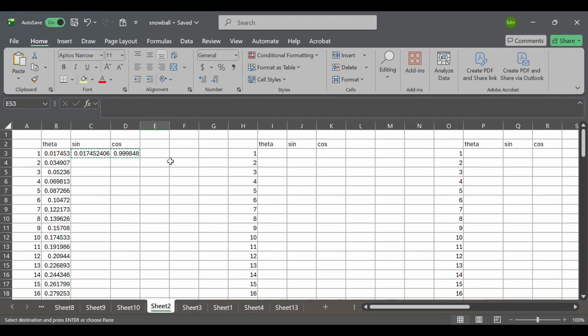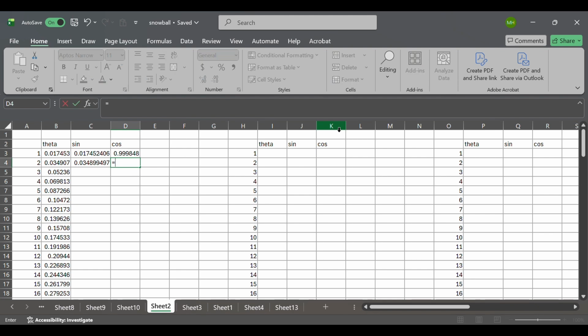So how do we calculate the numbers in between? Well, the simplest way is to just add theta to the number above. So this is the sine alpha cosine beta plus sine beta cosine alpha formula, where beta will be theta.